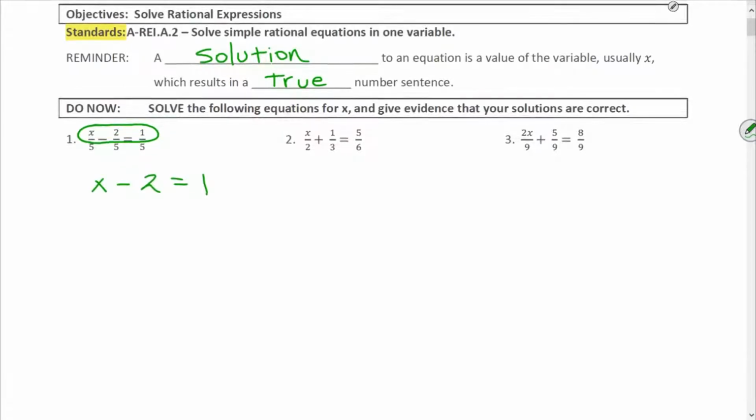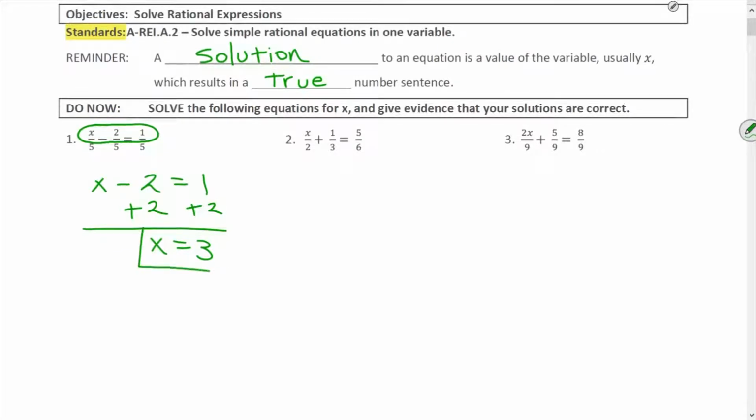Because when this is true, then my original equation is also true. I can solve this very easily and know that x is equal to 3.